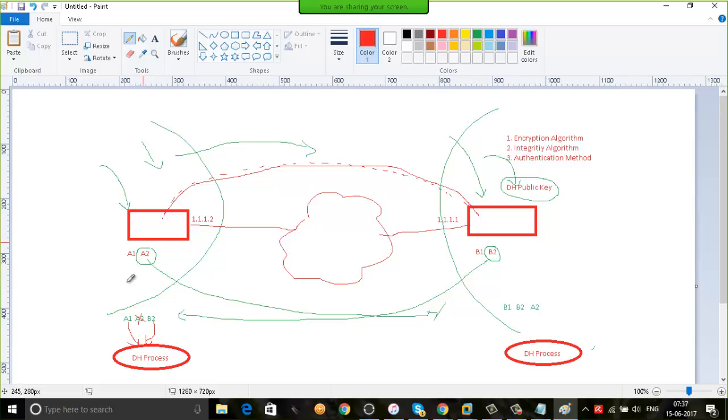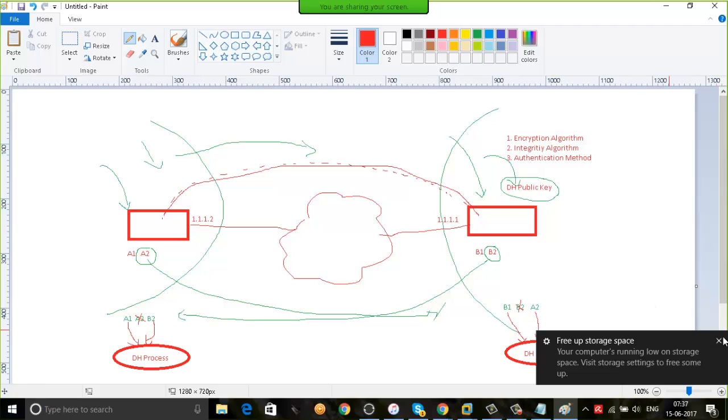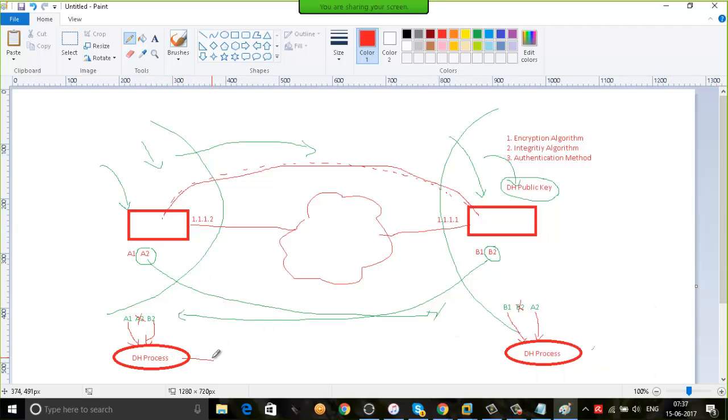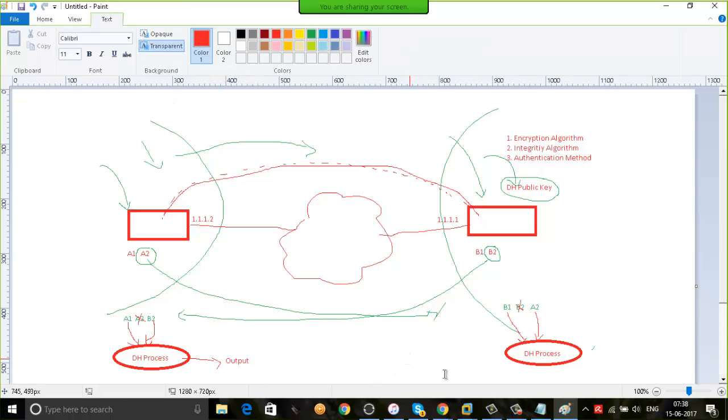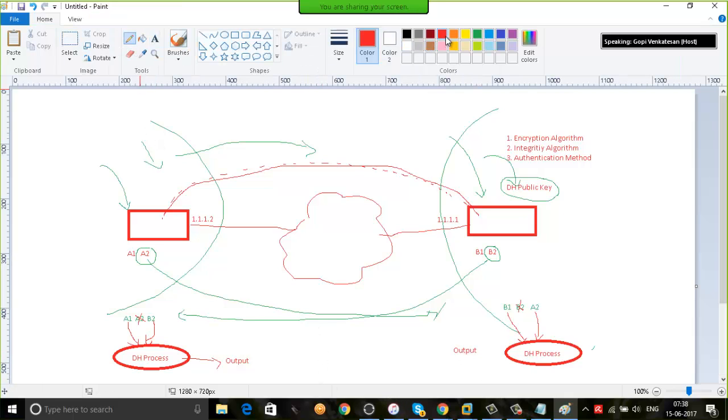So peer A will be sending A's private key and B's public key into the DH process. Similarly, peer B will be sending B's private key and the neighbor's public key, not B's public key. So both the parties will be sending their private key and the neighbor's public key into the DH process. The output we will be getting from the DH process, right? If you compare the output, both will be the same.